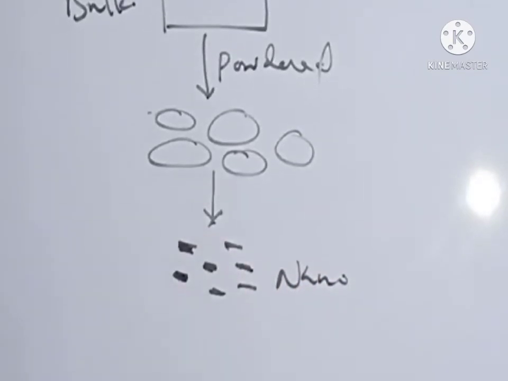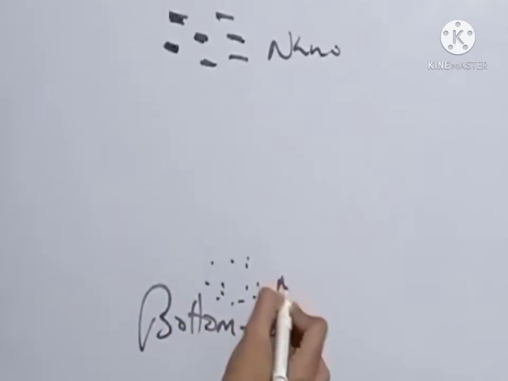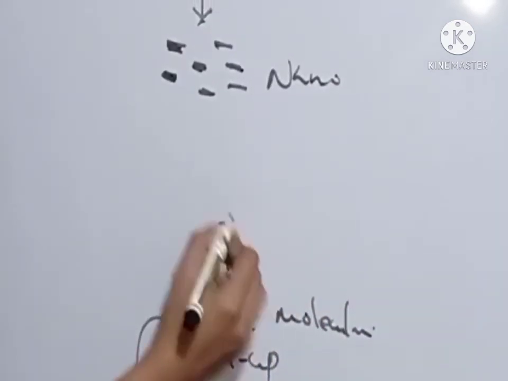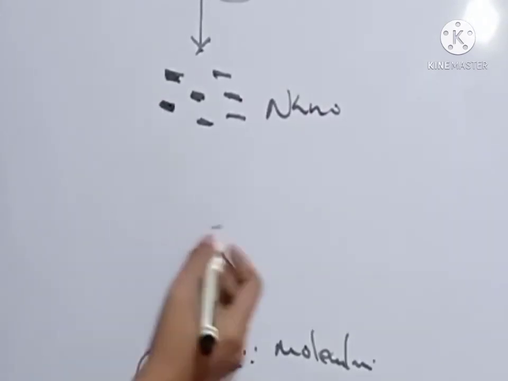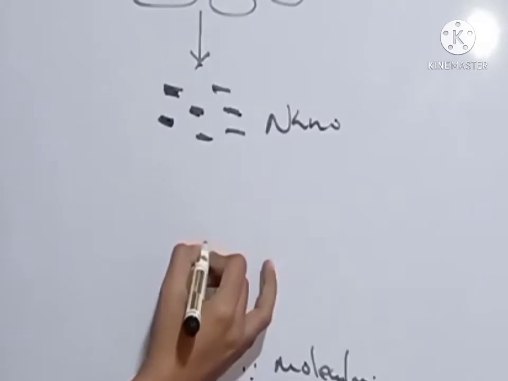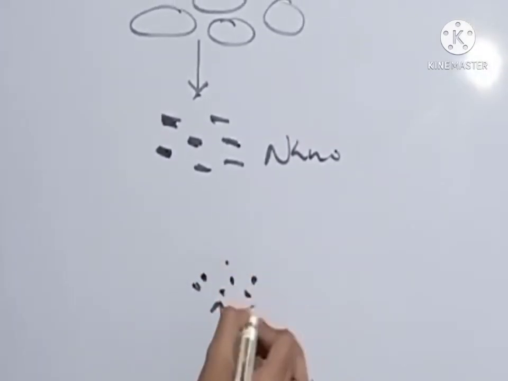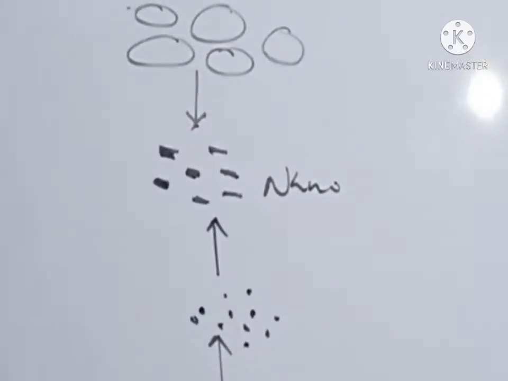While in the bottom-up method, molecular entities assemble themselves to form clusters. These clusters are converted into nanoparticles.